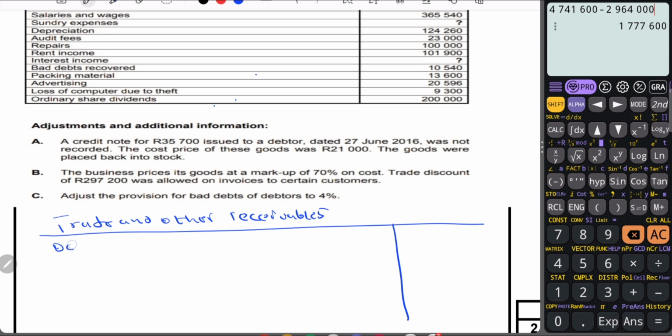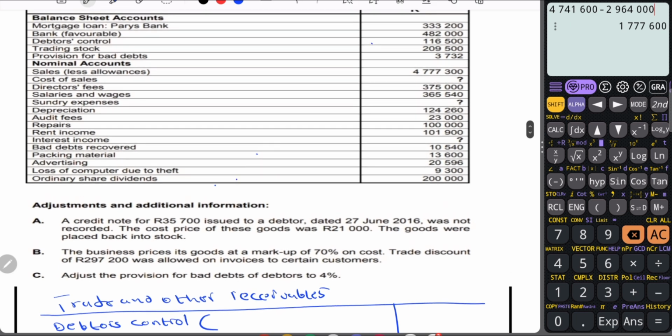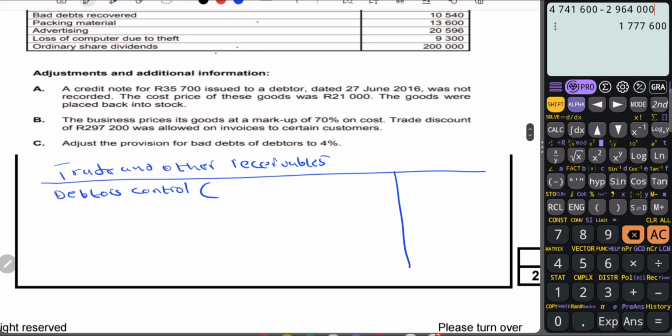Number one, we have debtors control. Debtors control, we put it in bracket. How much are we given from the trial balance? We are given 116,500. But guys, remember here, our debtor returned stock at a value of 35,700.